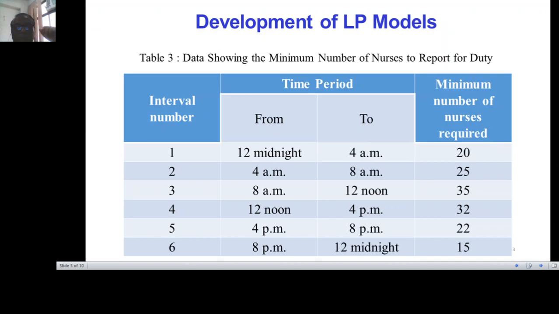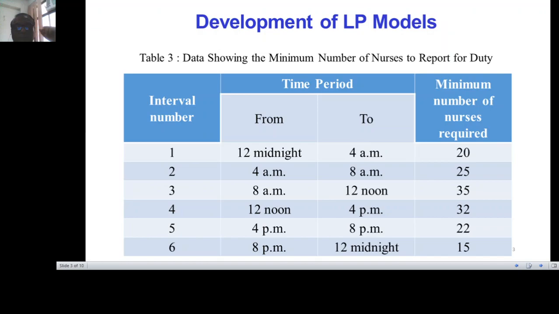So, suppose x1 is the number who arrive at 12 midnight and stay up to 8 am, and those who have arrived at 8 pm and who are going to stay up to 4 am, let this number be x6, because this is the 6th time slot. So, x1 plus x6 should be what?